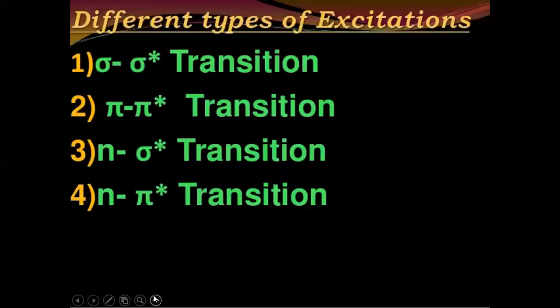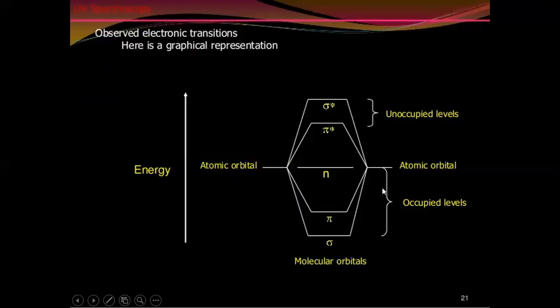It occurs in compounds with heteroatoms because these have non-bonding electrons, lone pairs of electrons. Example, trimethylamine. On the amine nitrogen, you have non-bonding electrons, so in these molecules you can see n to sigma star transition.